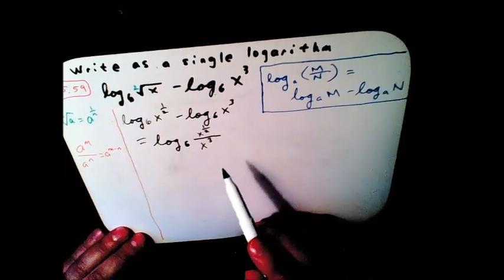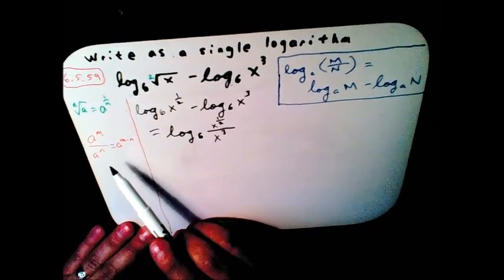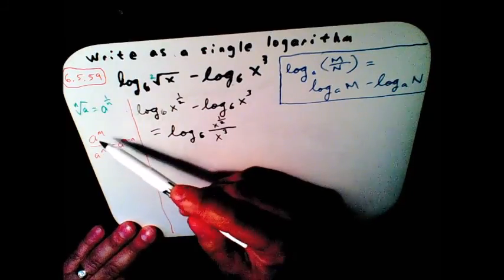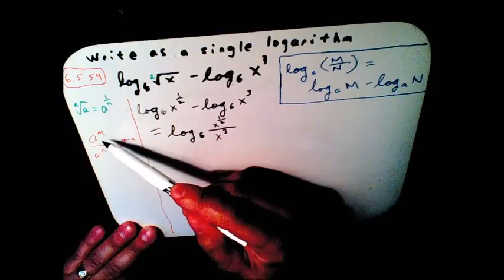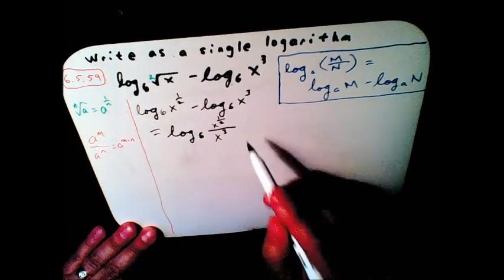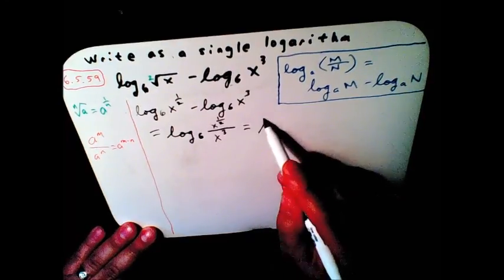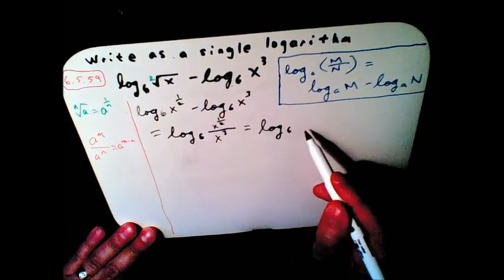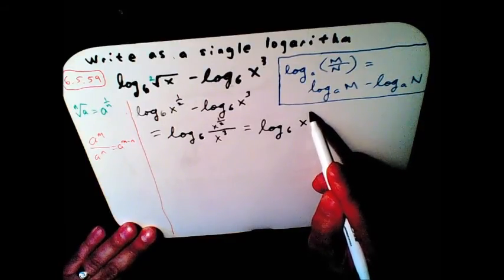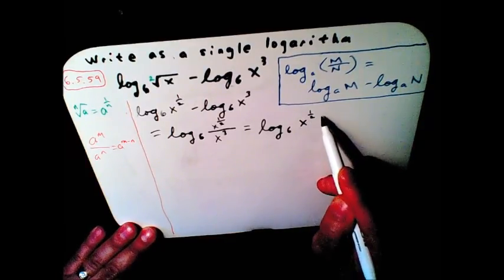And we're going to use this property of exponents, law of exponents, which says that if we're dividing exponential expressions with the same base, we can subtract the exponents. So then we have log base 6, x to the, subtract the exponents, 1/2 minus 3.